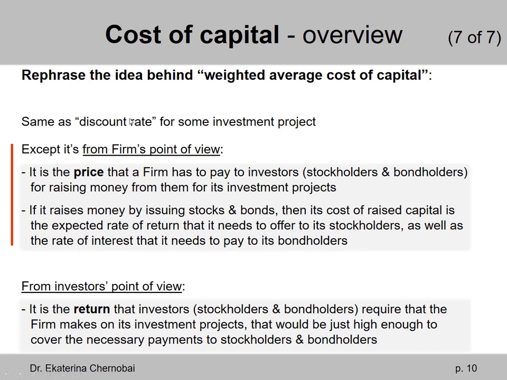So everything is from the firm's point of view in this chapter, how much the firm pays, which is the same exact amount of money as what the investors receive, or the return to the investors.